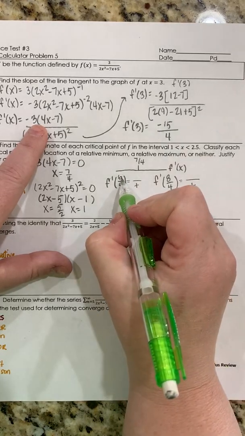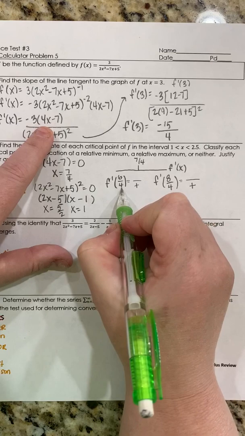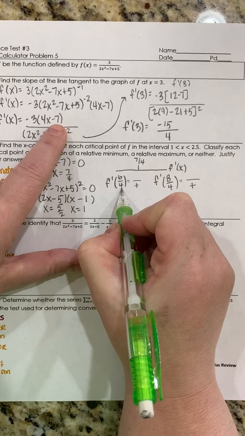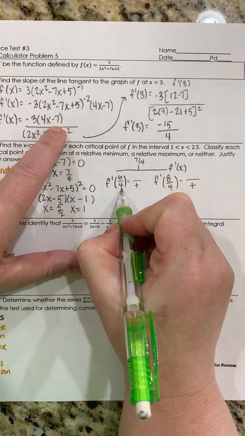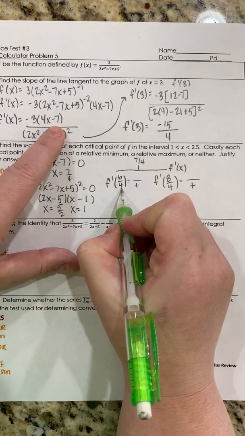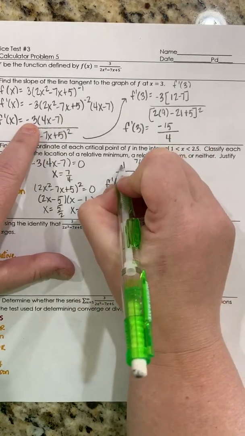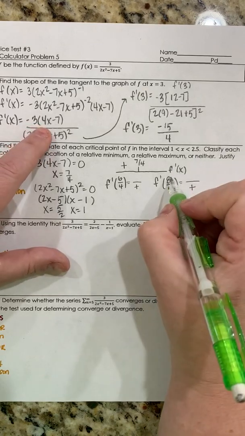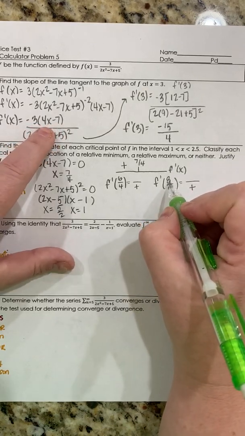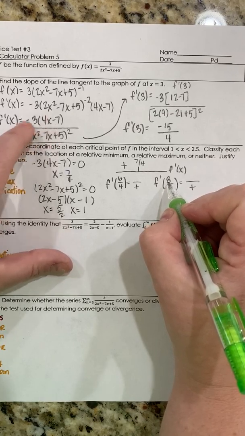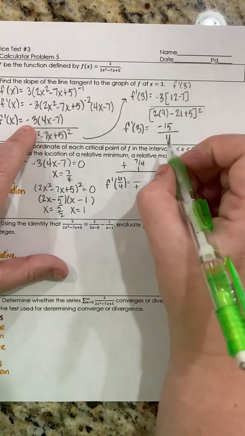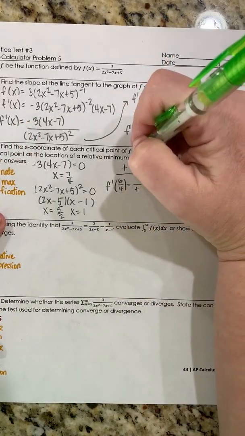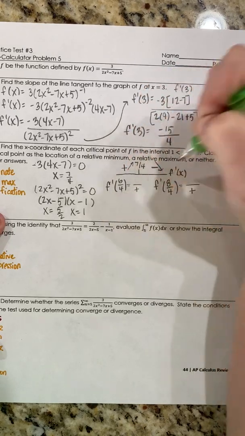So if I plug in 6/4, that's going to give me 6 minus 7, a negative, times a negative, is a positive. And then if I plug in 8 minus 7, a positive, times a negative is a negative. So that means f of x goes from increasing to decreasing.